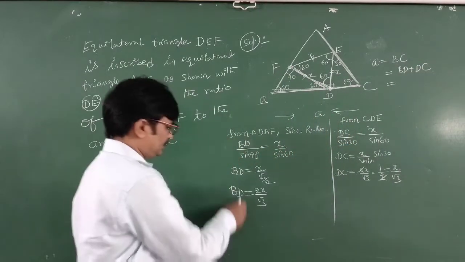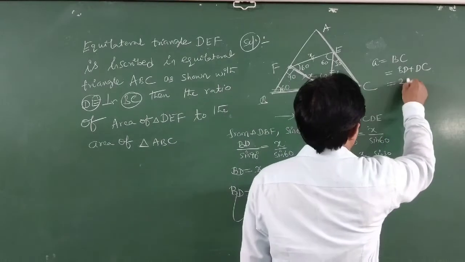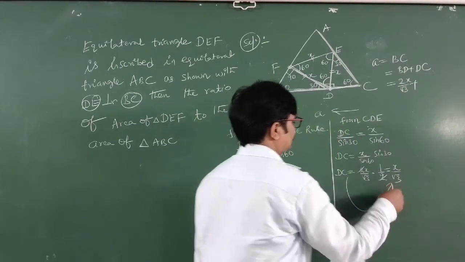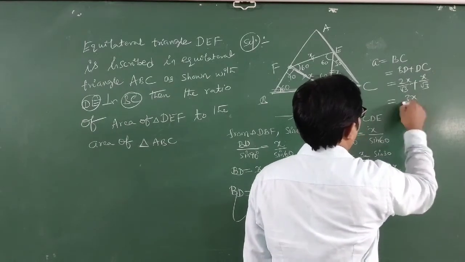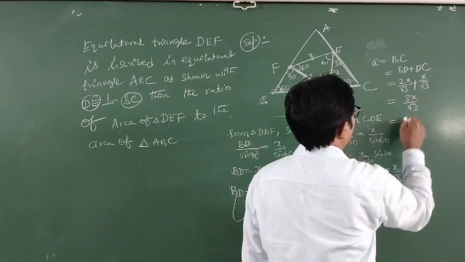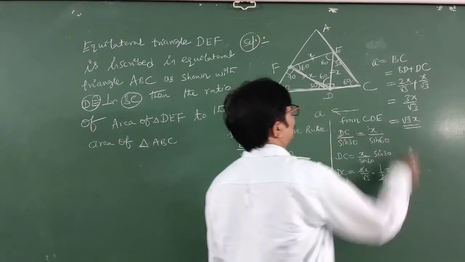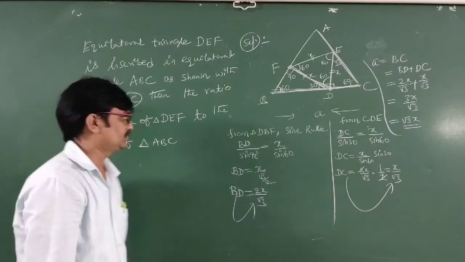What is the length of BD? Just now we found this is 2x by root 3. What is DC? x by root 3. The sum is 3x by root 3, which is root 3 x. So small a is root 3 x.